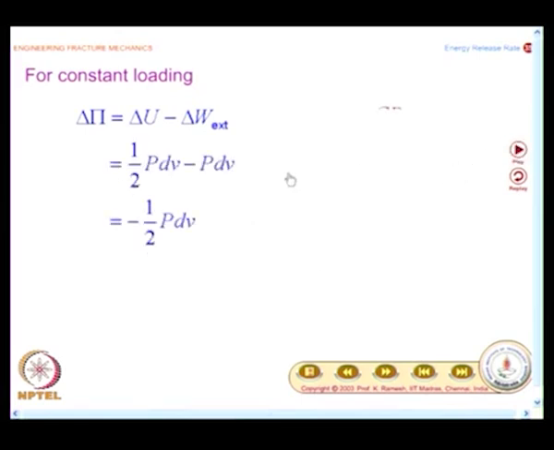So, this is where we have got. Previously, we came up to minus 1/2 of P dV, this you know. Now, I would like you to take a minute or two in replacing the quantities here in terms of the compliance suitably, and you have to bring in, in one case constant load, in another case constant displacement, the suitable kind of mathematical simplification.